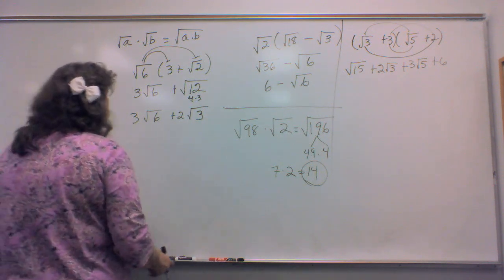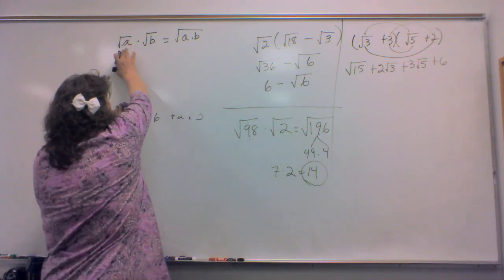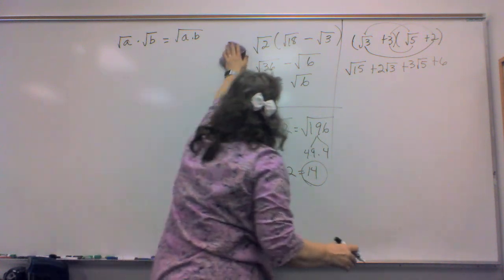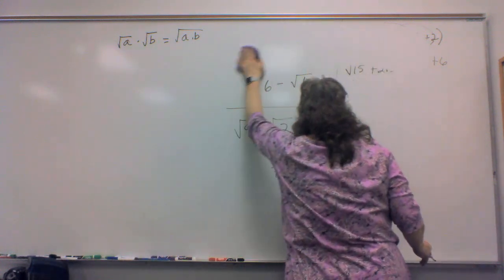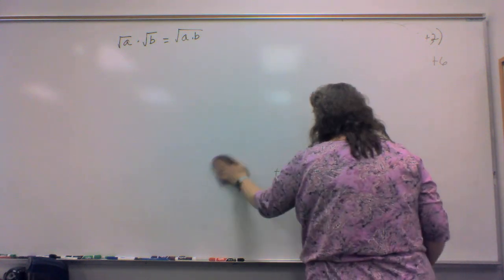Okay. Another one of these rules to remember: multiplying the square root of a times the square root of b is the square root of a times b. The same thing is true with division. We've done it before, but let's look at it again.